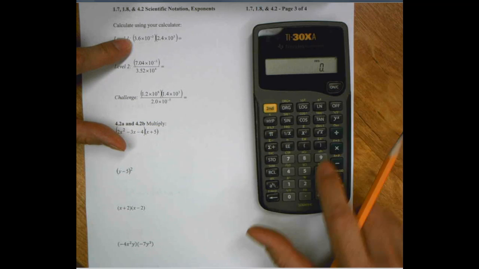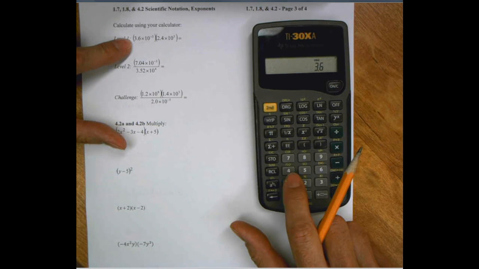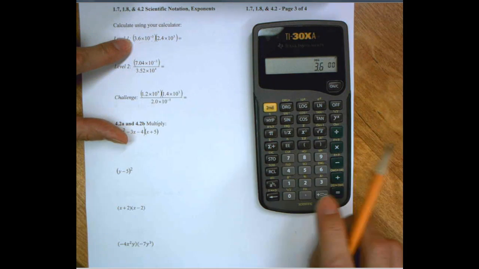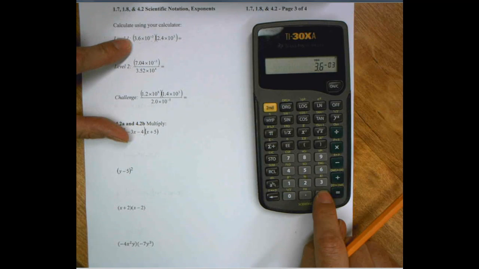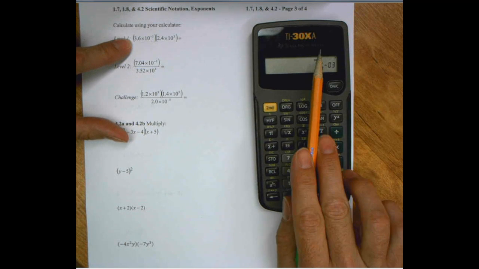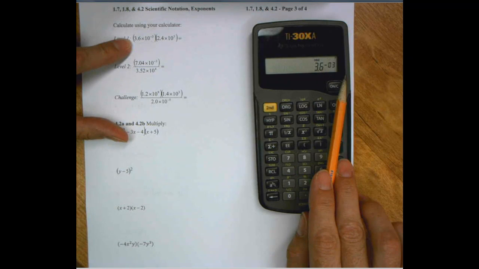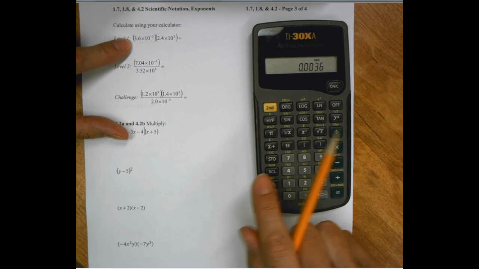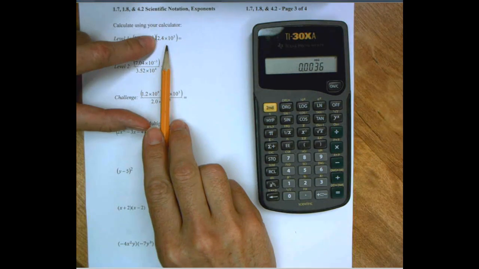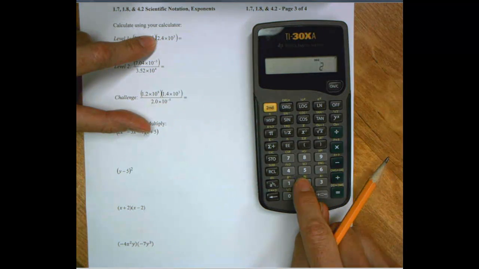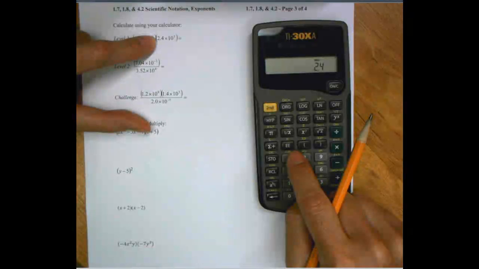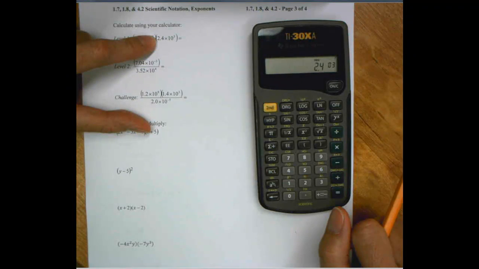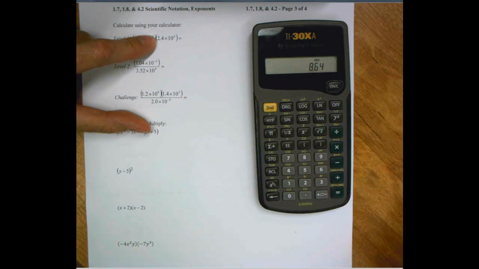Let's clear that, start over 3.6, and then I need to push my EE button, and I have a -3 for my exponent, so I put in the 3 and then I push the negative, and you can see 3.6 times 10 to the -3, and then I want to multiply, so I push the multiply key, and I'm multiplying by 2.4 times 10 to the 3rd, so I type in 2.4, and instead of times 10 to the, remember I'm using my EE button, and I need an exponent of 3, and there it is, and then I push equals.